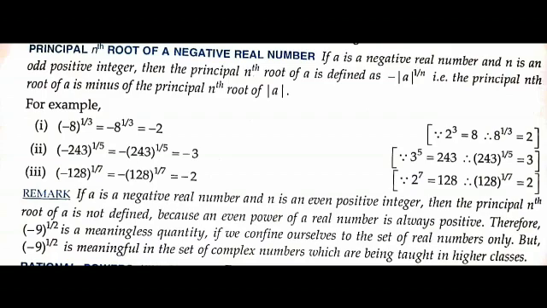That is, the principal nth root of a is minus of the principal nth root of mod a. Mod a means positive a, always positive.